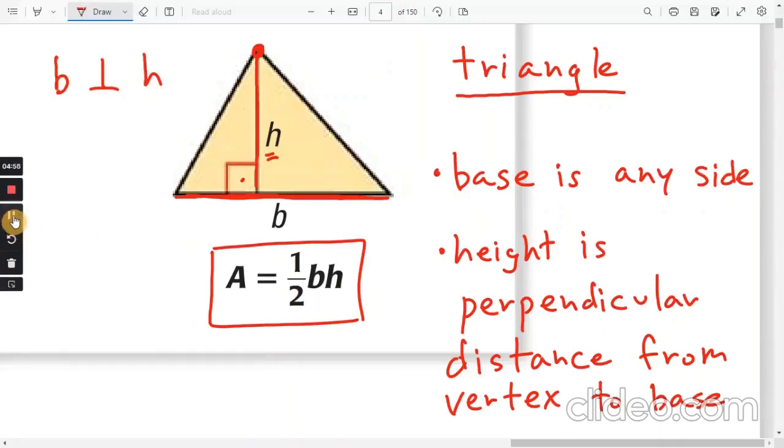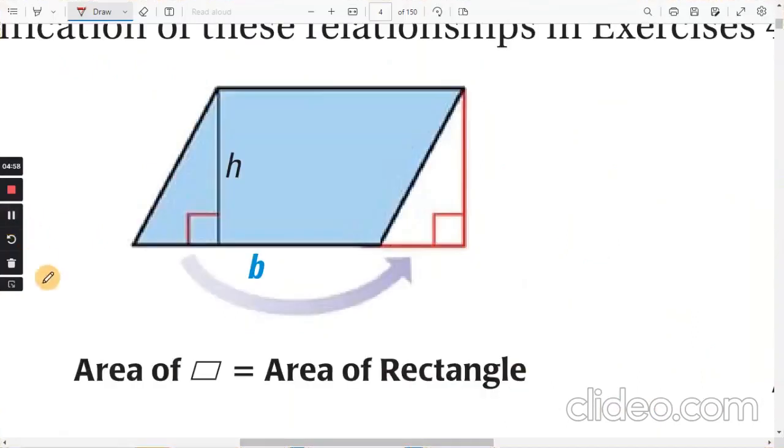So right here, they're just illustrating that the area of a parallelogram equals the area of a rectangle. Remember this symbol right here? That is the symbol for parallelogram. So the areas are equal, and they're showing you why.